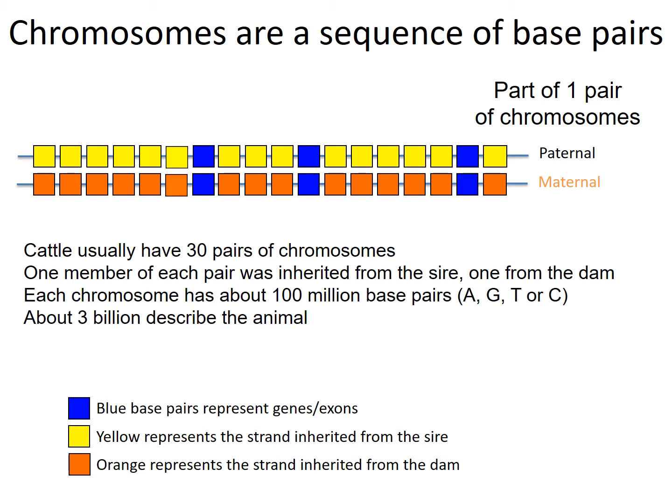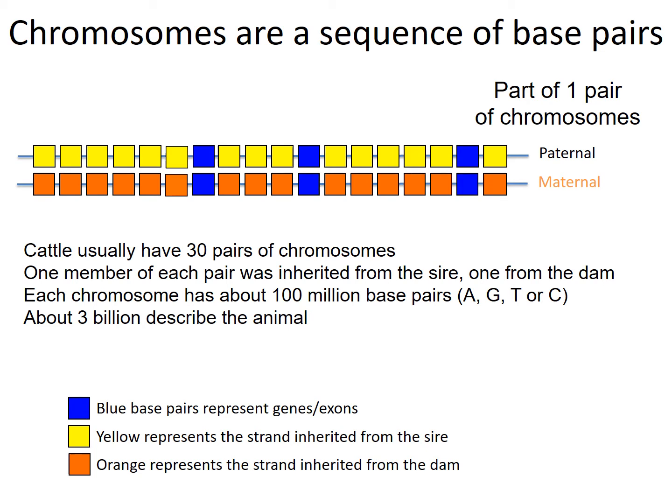So chromosomes are a sequence of chemicals known as base pairs. Cattle usually have 30 pairs of chromosomes, and one of each of those pairs will have been inherited from the sire, and the other member of the pair will have been inherited from the dam.